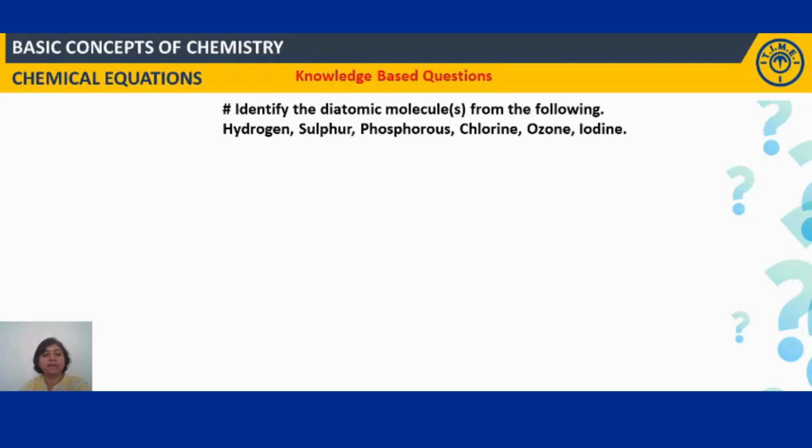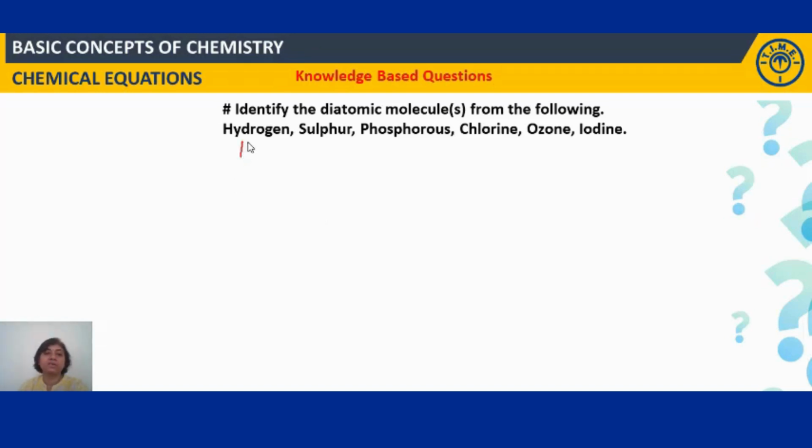We have to identify the diatomic molecules. Can you tell me what you mean by diatomic molecules? Diatomic molecules means one molecule of that element contains two atoms, two constituent atoms. If a molecule of an element is constituted of two atoms, that molecule is called a diatomic molecule.